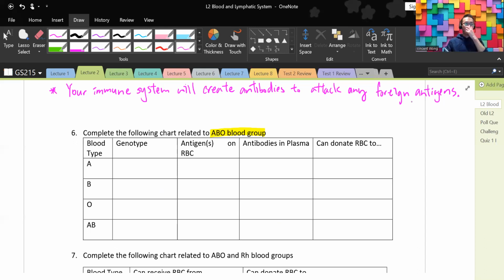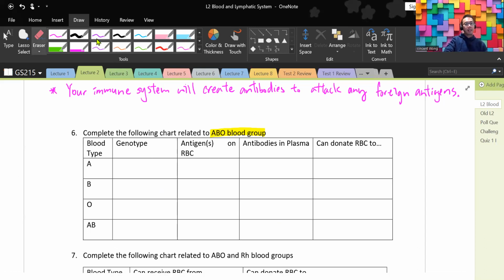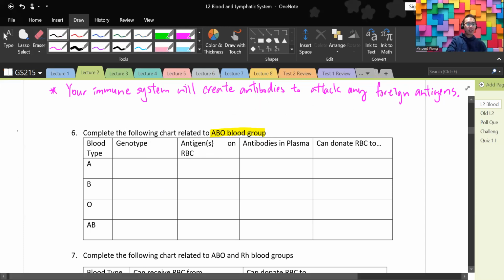Okay. So let's just quickly recap where the antigens and antibodies are. When you spin down the blood, you collect blood from someone, and then you put it in a centrifuge. Okay. What do we call this stuff at the bottom? What do we call that?